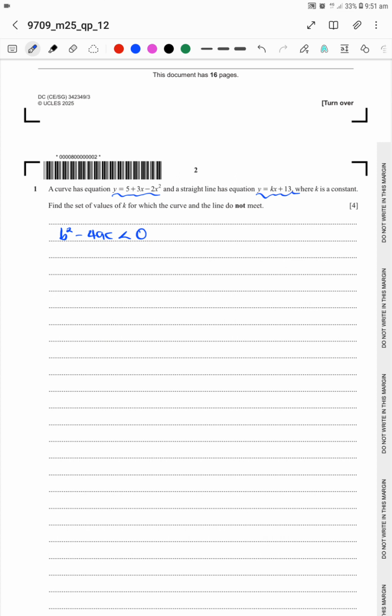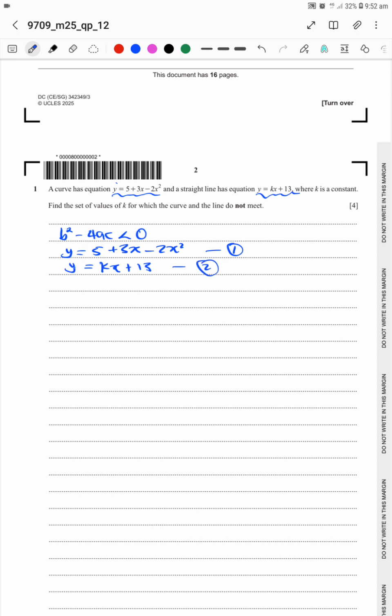let's work this out. So first of all, we are going to solve the two equations simultaneously, meaning we are going to replace y in the first equation. So y is equal to 5 plus 3x minus 2x squared is our first equation, and y is equal to kx plus 13 is our second equation.